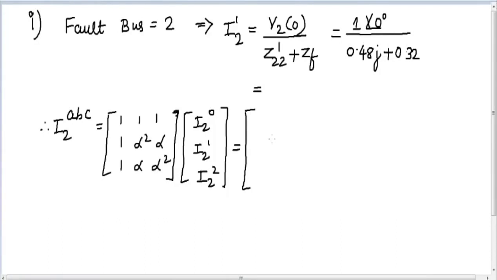Okay, so 1.733 at an angle minus 56.30. So I will write here 1.7334 at an angle minus 56.30 degree. Of course, the unit will be per unit. Don't forget to write the unit, because here we cannot write ampere.